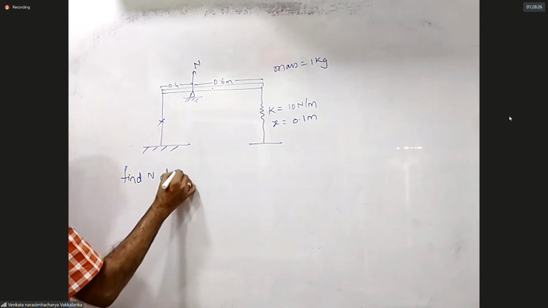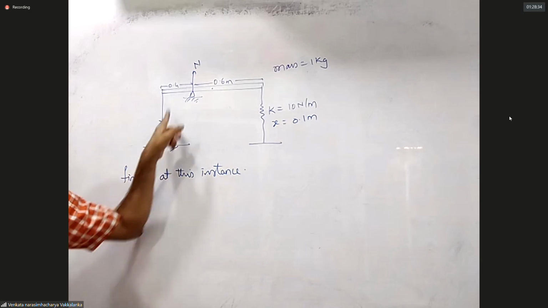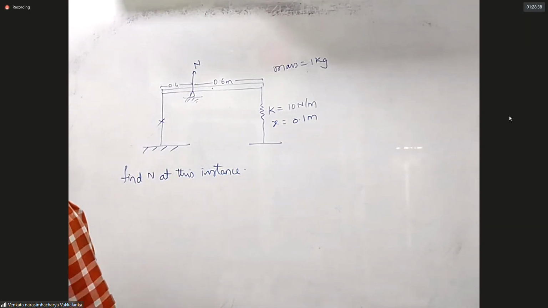Find N at this instance. The moment you cut the string, find the normal force at this instance. 0.1 meter elongation, right?